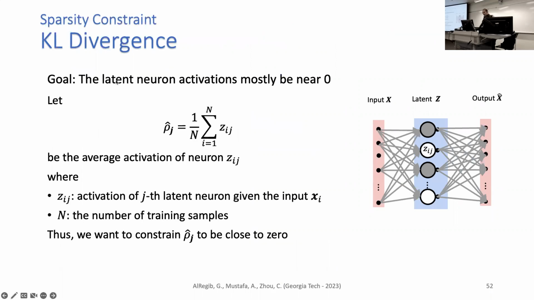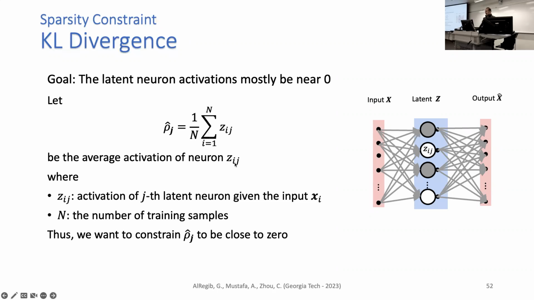Now in the KL divergence, let's look at this as a kind of background about the KL divergence. Okay. So let's create this rho hat, right? Now most of these latent neuron activations are very close to 0. So in the L1 norm, we try to make them all 0. In this case, let's look at this rho, which is basically the average of this activation for this specific neuron, zij.